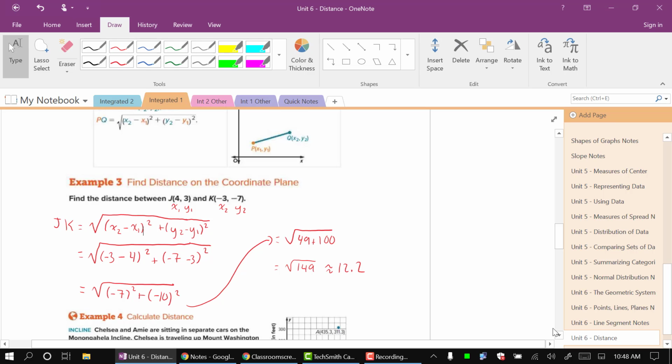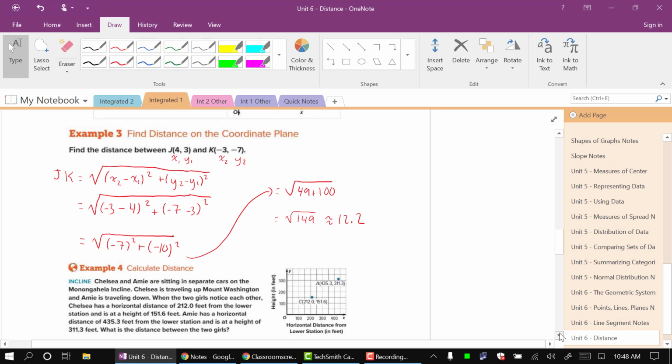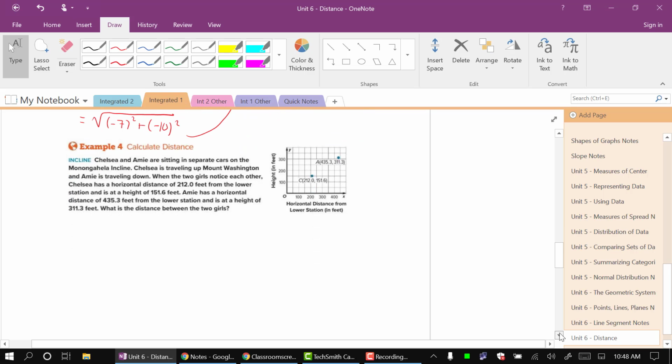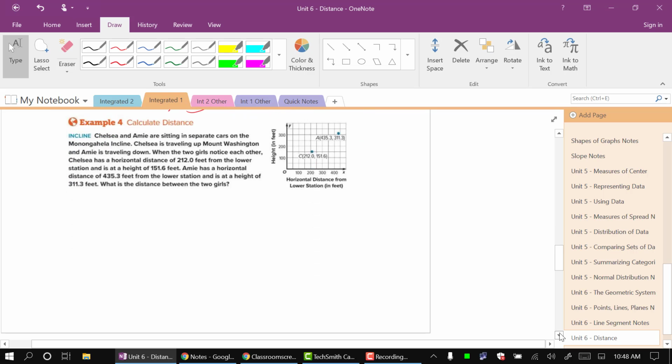Let's take a look at example 4. We want to find the distance between these two students. We're going to start with graphing it, and I gave you the graph to begin with. We're going to use the points C and A. We're going to figure out who's going to be my x2 and who's going to be my x1. I'm going to make C my x1, y1, and A my x2, y2.